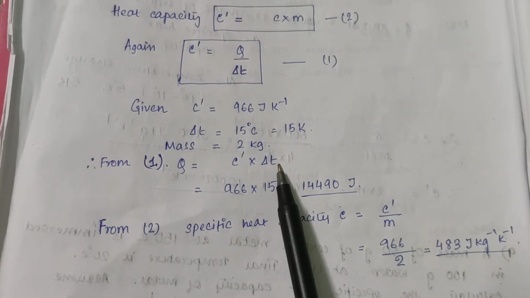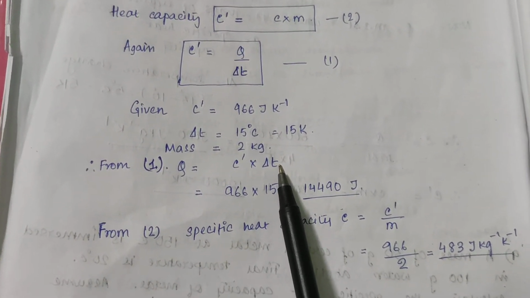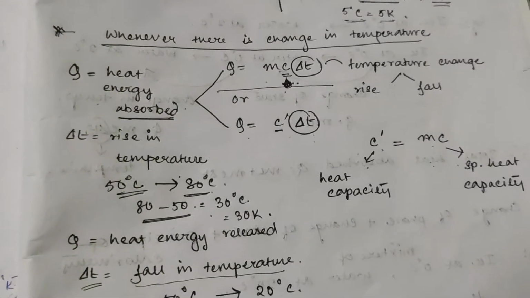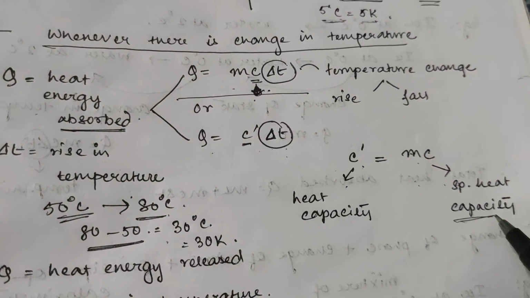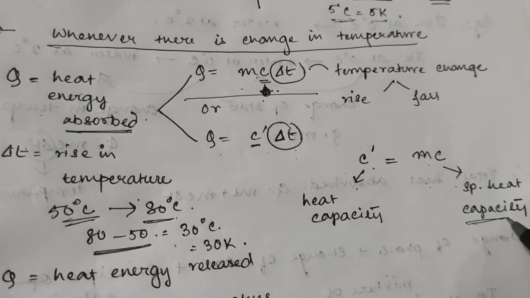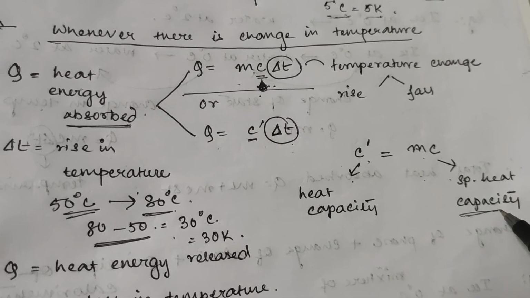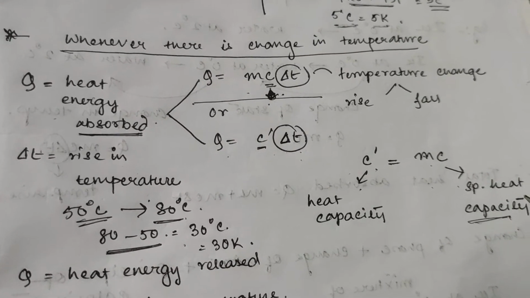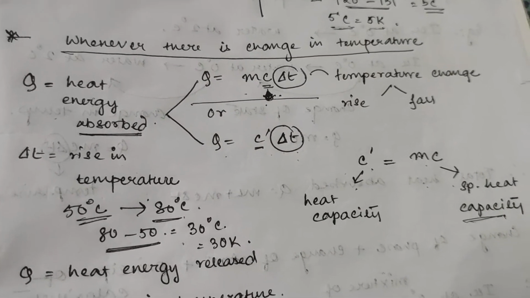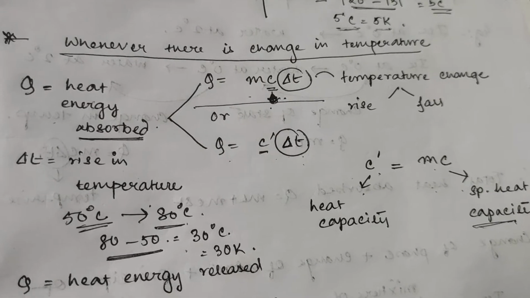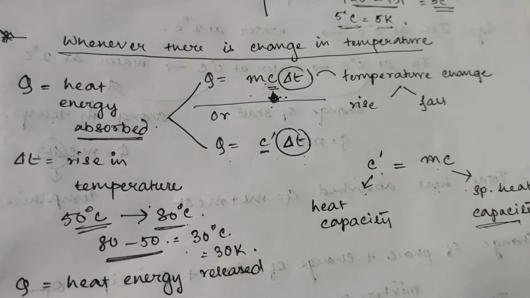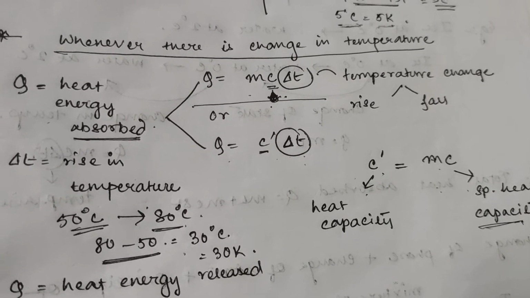Notice the units. Specific heat capacity has the unit, say joule per kg per Kelvin, or joule per gram per Kelvin, or joule per kg per degree C, or whatever it is.